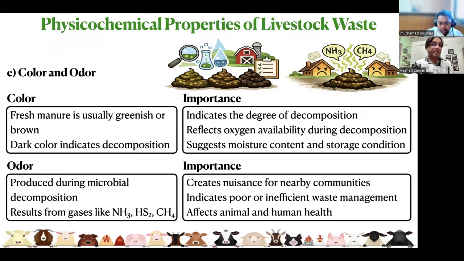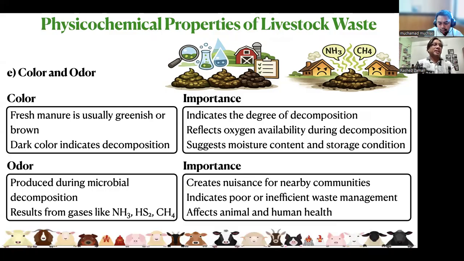First, the color. Actually, color determines the status of the livestock waste, because generally fresh manure or waste is usually greenish or brown in color, and dark color indicates the decomposition has already started. Now, the importance of color of the waste: it indicates the degree of decomposition.